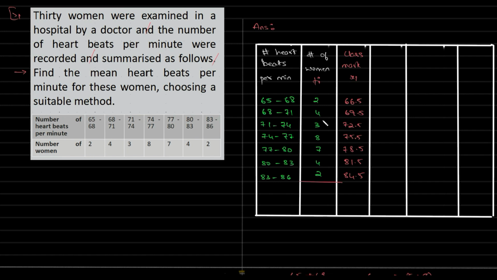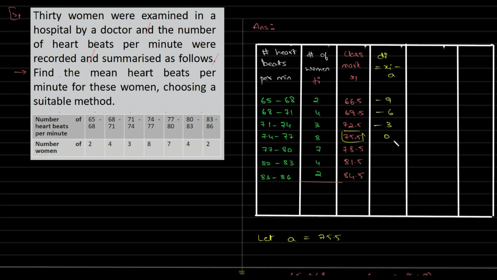Obviously it's not convenient to multiply these. So we'll go with di, wherein we are subtracting a number from xi, and that number happens to be 75.5. So the difference happens to be 0 here, and here it happens to be minus 9. Here too we can add the class width, class size, that is 3.